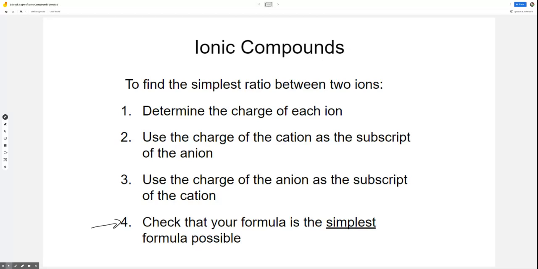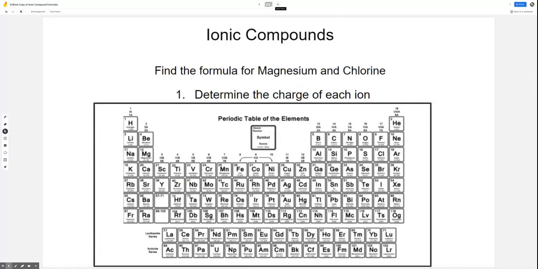So let me show you how these steps work in practice. We're going to find the formula between magnesium and chlorine. And I want to point out here, because it's going to show up on a worksheet or things like that, I'll explain how we come up with the names more next time I see you, which I think will be Thursday.